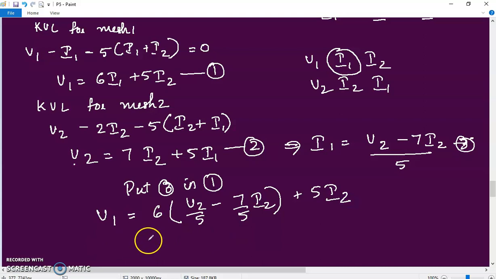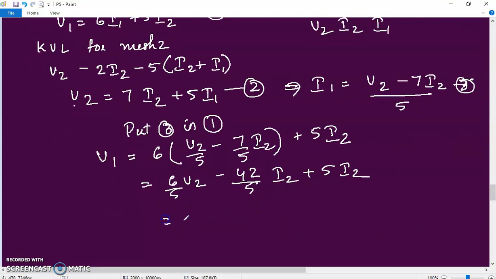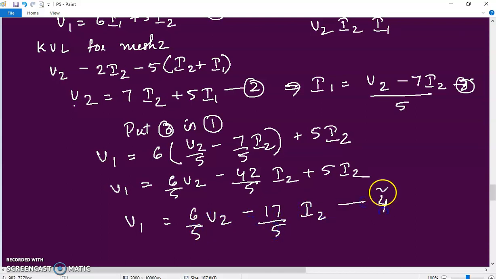So here we can rearrange it as 6 by 5 V2 minus 42 by 5 I2 plus 5 I2. That is V1 is equal to 6 by 5 V2 minus 17 by 5 I2. It is equation number 4.